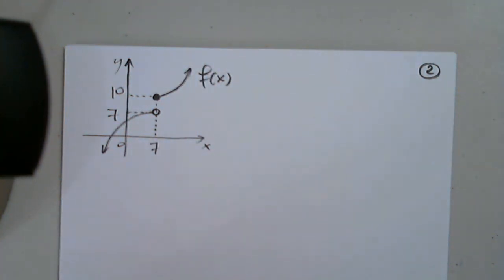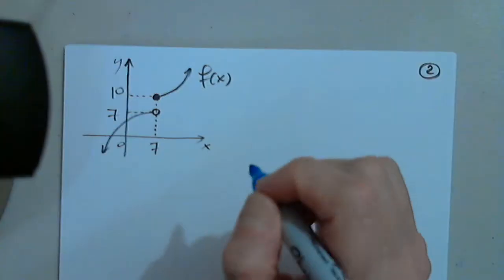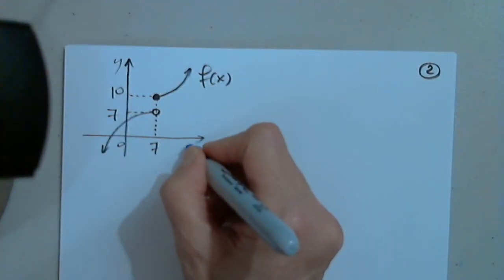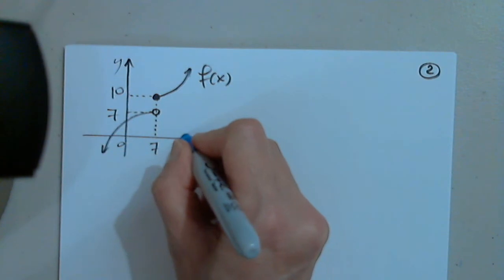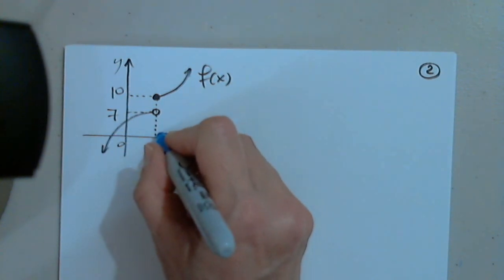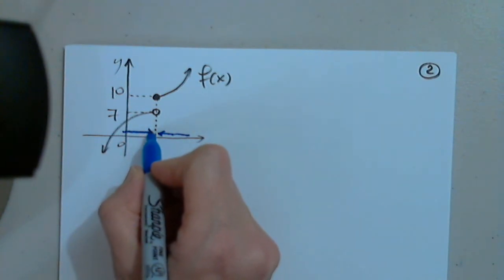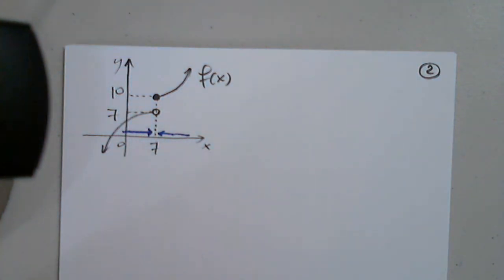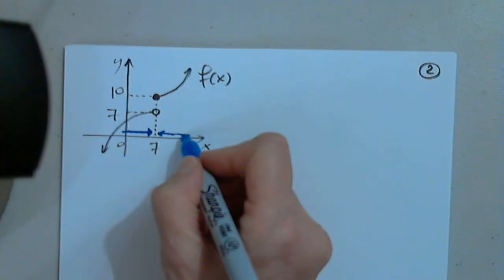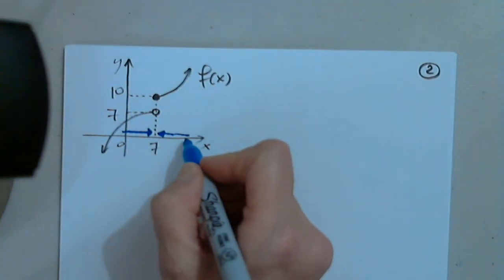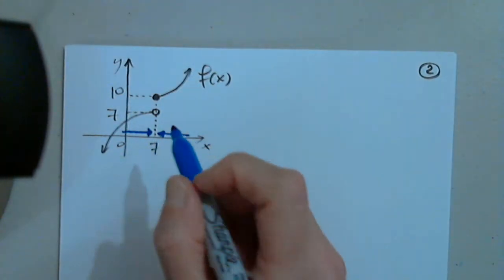Okay, so I would like to ask the following question now. Assuming that I take x to get closer and closer to 7 from either side, let's start by, I really would like to start with one side. Let's say from this side.